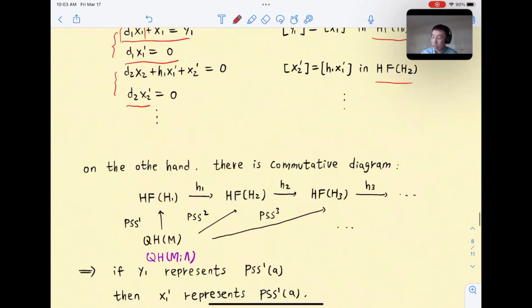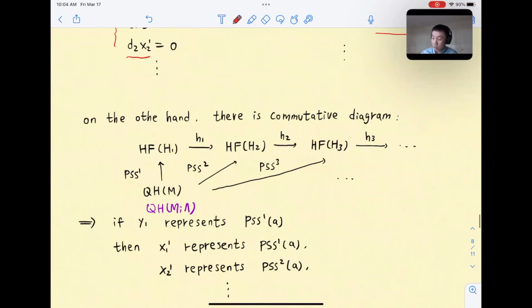On the other hand, we know that those continuation maps are compatible with the PSS maps, in the sense that we have those PSS maps from the quantum cohomology to the first one, to the second one, to the third one. On the homology level, they commute with these continuation maps by a gluing argument.